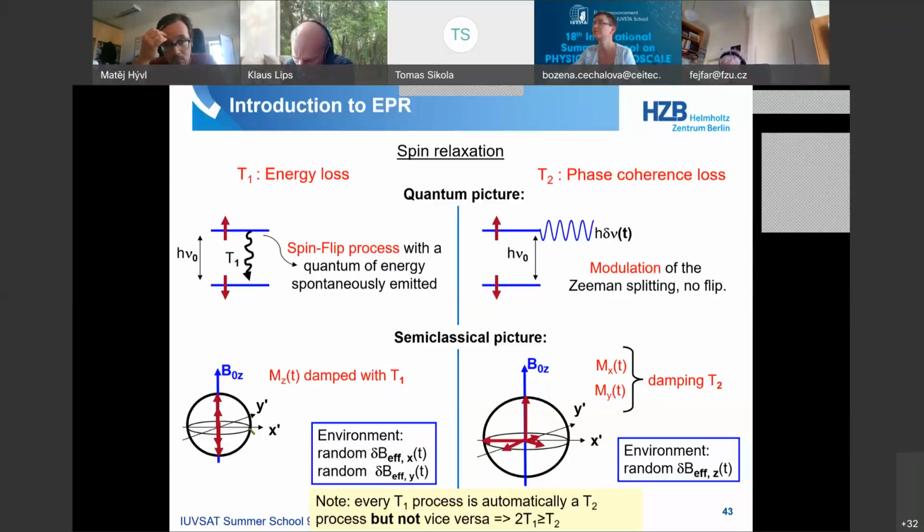And this can be understood easily by assuming that that energy level here is fluctuating by a certain local magnetic field. And that local fluctuation modulates the Zeeman splitting, but it does not induce a flip. It only induces a phase change. And that phase change then leads to a relaxation process, but only in the XY prime direction.